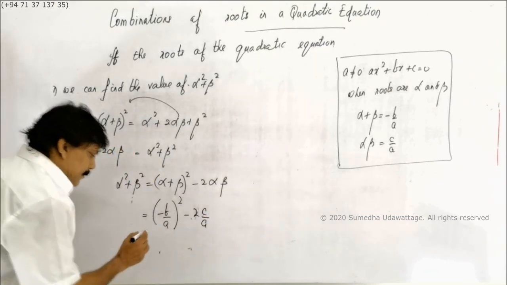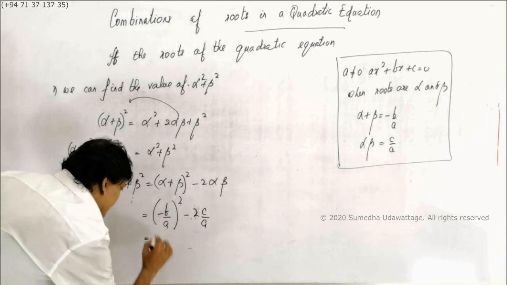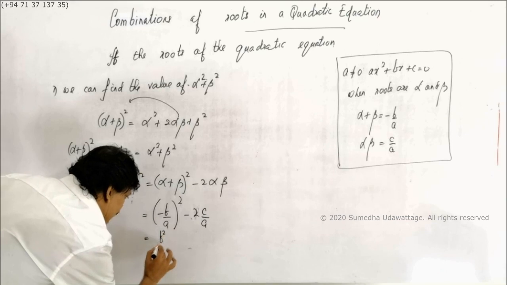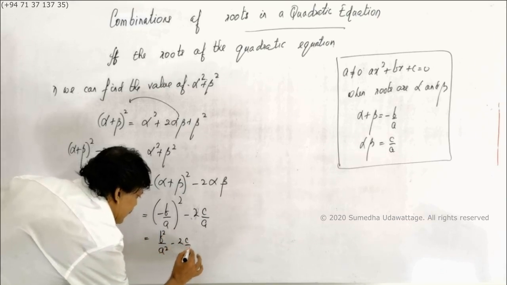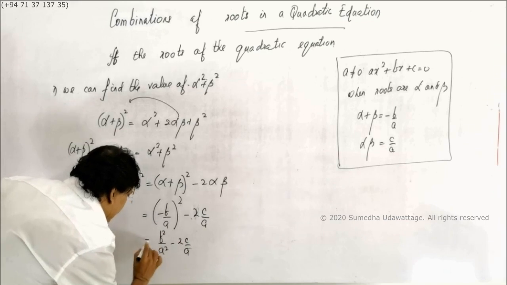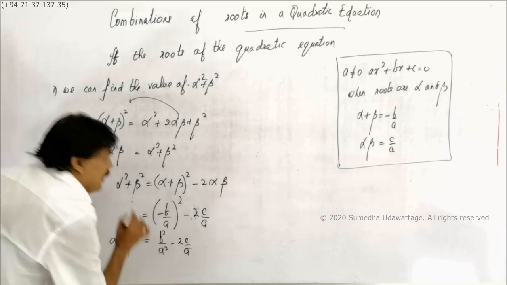Then you get, minus squared, plus b square over a square minus 2c over a is alpha square plus beta square.